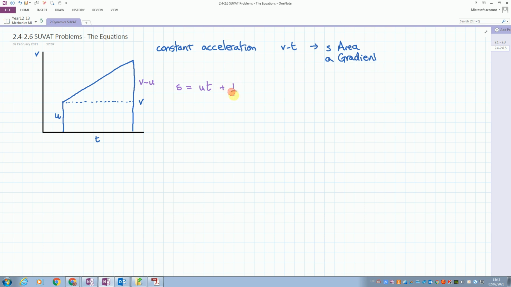So it's 1/2 (V minus U) times T. When we look at the equation, we have UT minus 1/2 UT, which gives us 1/2 UT left over. So we've got 1/2 UT plus 1/2 VT, which is 1/2 (U plus V) times T.